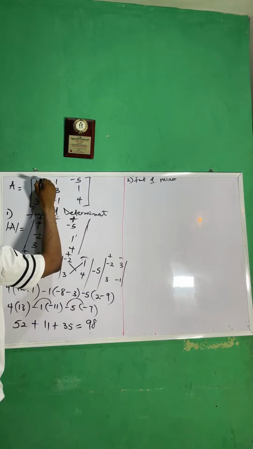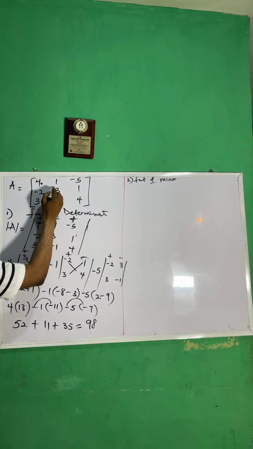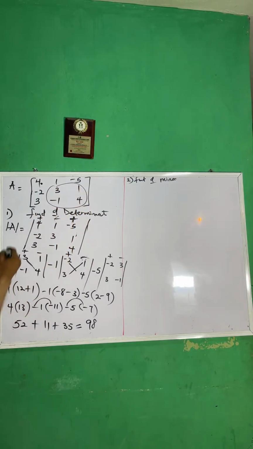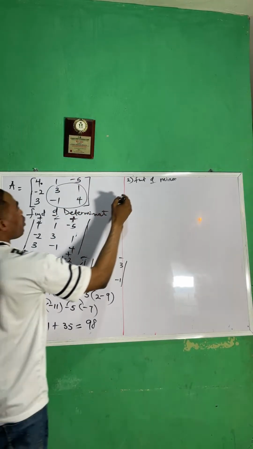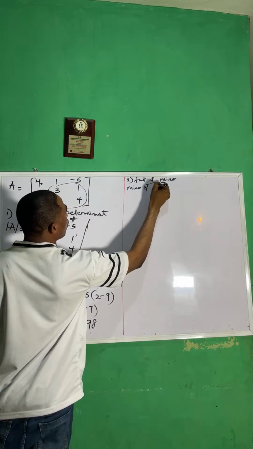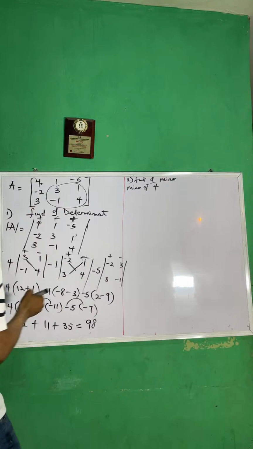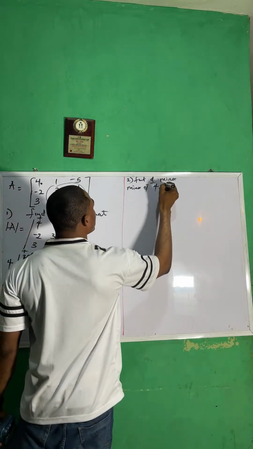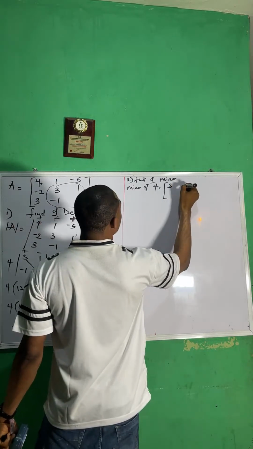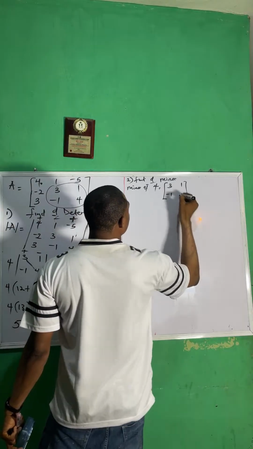So the minor for 4 here, this 4, is going to be the determinant of what is here. Now you see what I'm circling? The minor for 4 is going to be the determinant of it. So for the minor of 4, the first 4 here will be the determinant of this one, using the illustration of the king and chiefs that I'm using to get the minus.